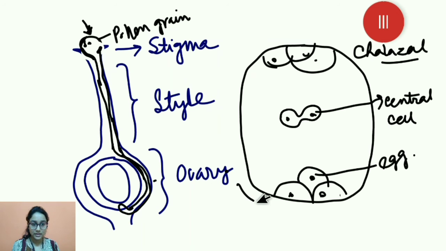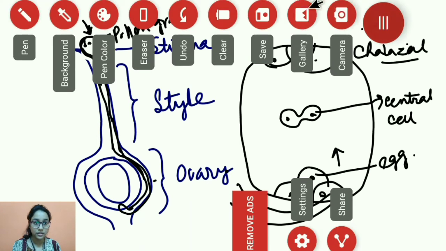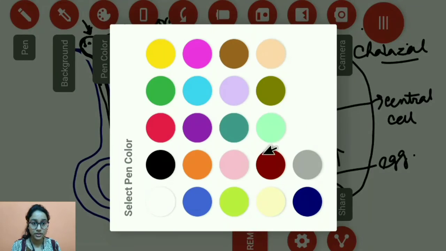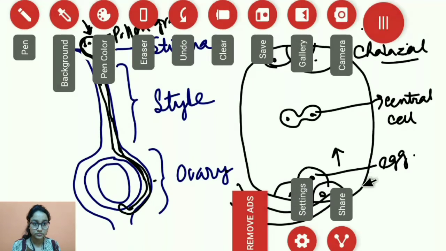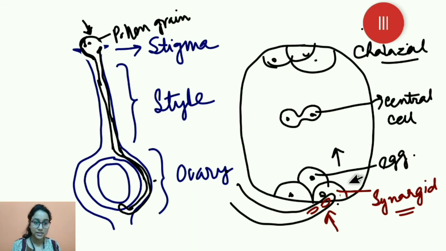As the pollen tube reaches the embryo sac, it enters it. This pollen tube already contains two male gametes. The synergid gives instruction to the pollen tube to enter the embryo sac, and through the synergid the pollen tube enters.